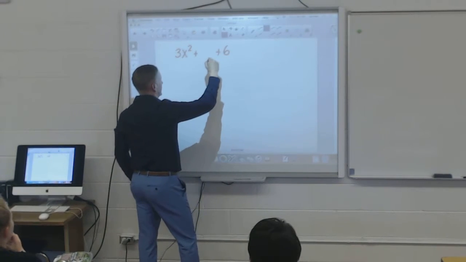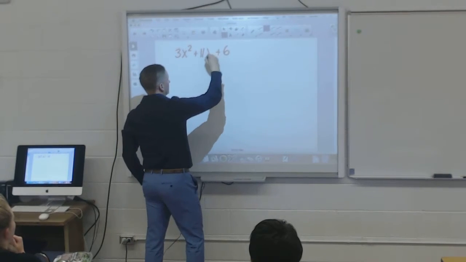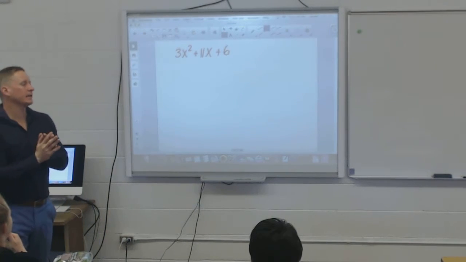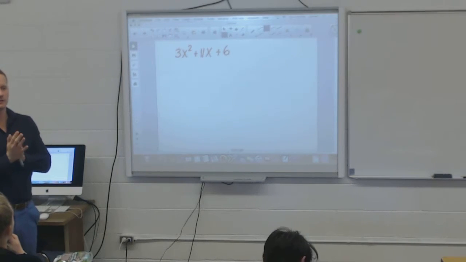So Brennan's question is this: what happens if I can't factor out a greatest common factor? Am I going to have to do this?